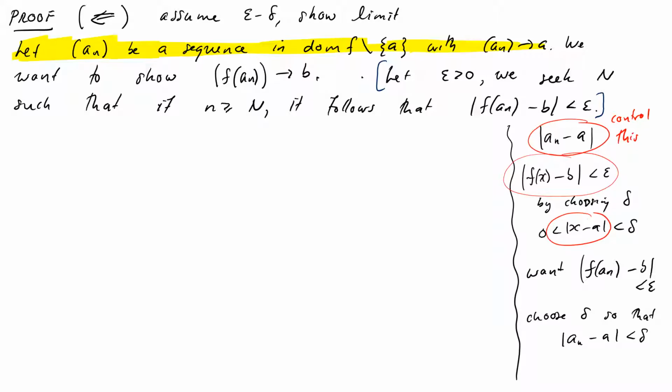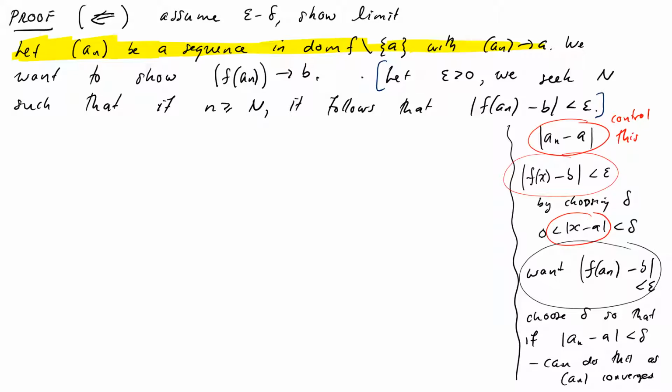Because I'm putting a_n in here, I can choose a delta so that if this is true, then the thing I want will be true as well. But I know that a_n is convergent, so I can do this as a_n converges.